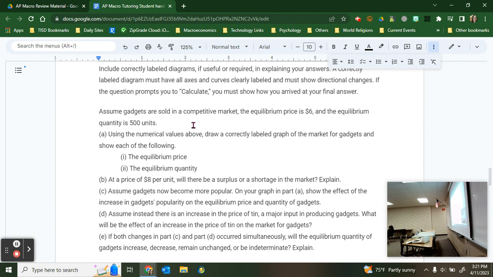No, you're the price of what the price. Your graph is like your labels on the axis. No, you don't know.